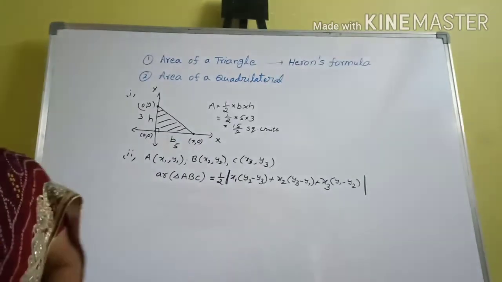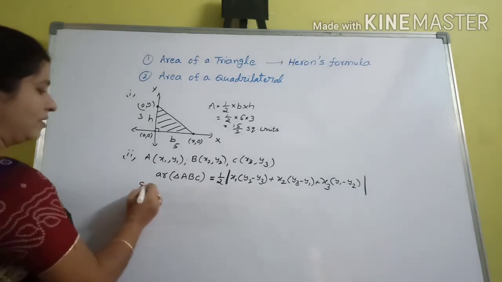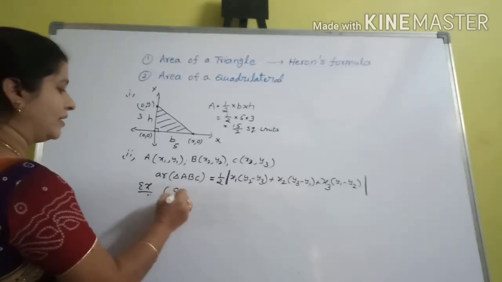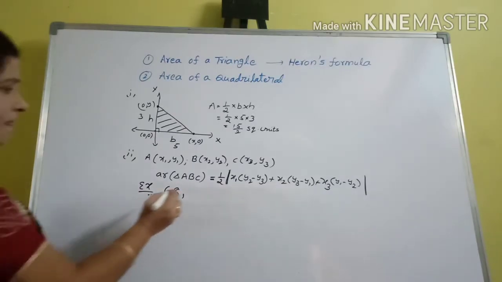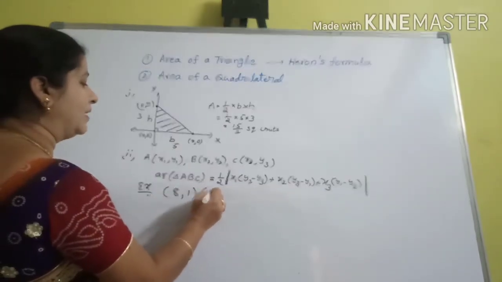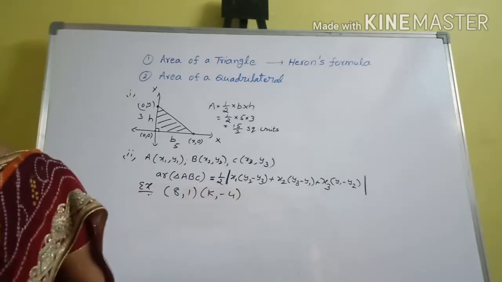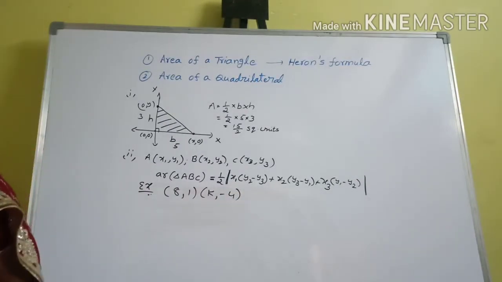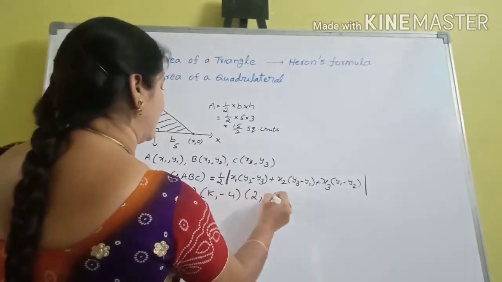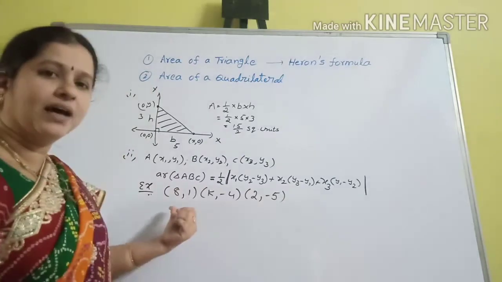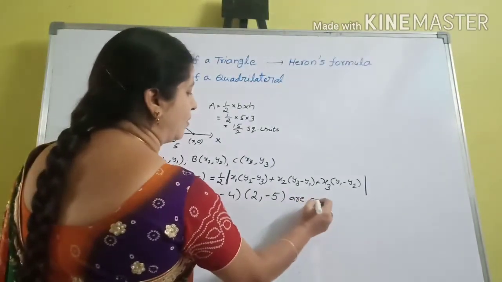One more question: the given 3 points are, for example, 8 comma 1, k comma minus 4, and 2 comma minus 5. These 3 points are given collinear. These are collinear points.